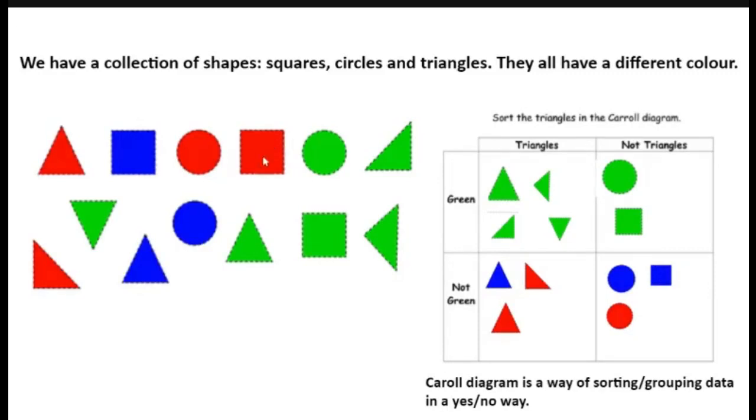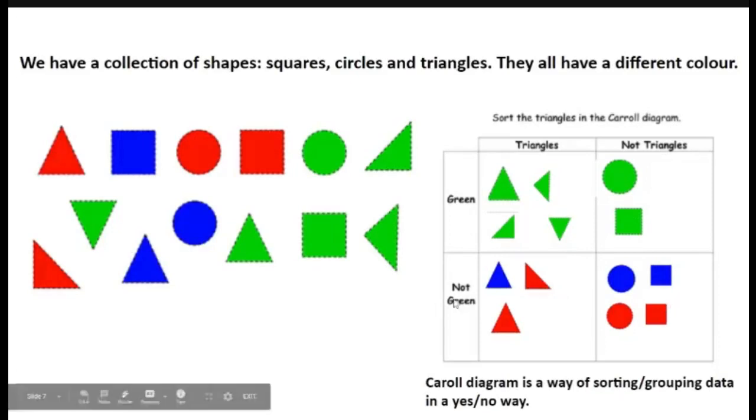And I think one more, square here, it's not green, and it's not triangle. It's a square, it's red. So we can sort these shapes on the Carroll diagram.